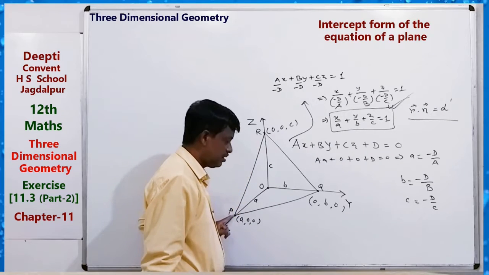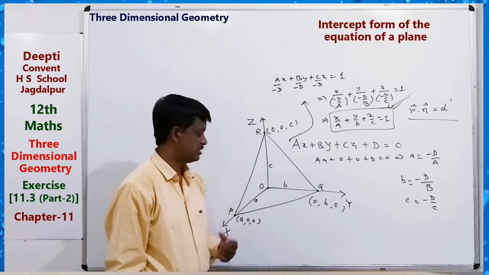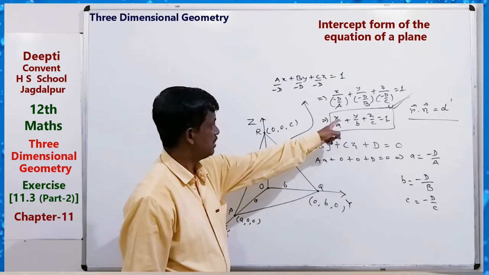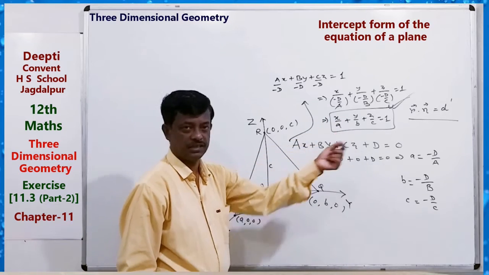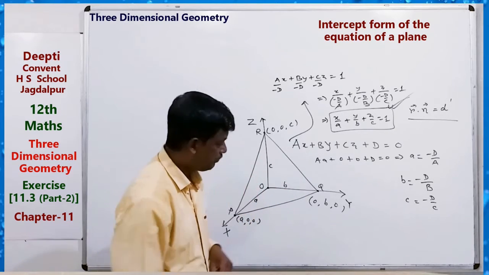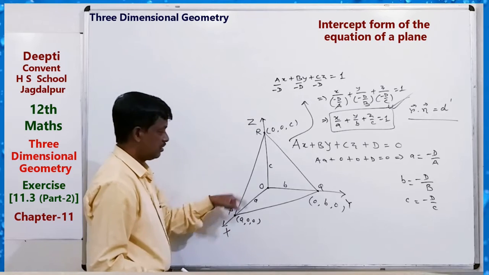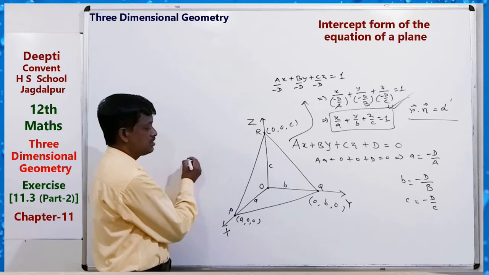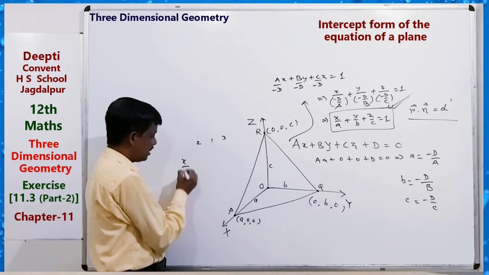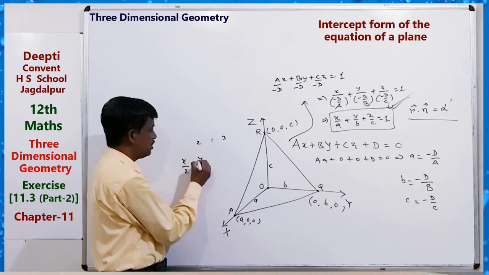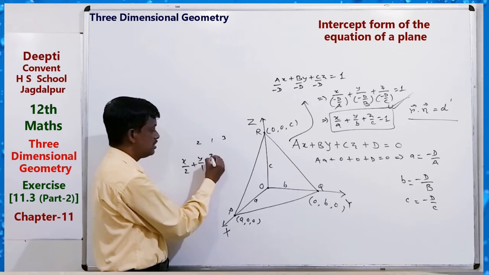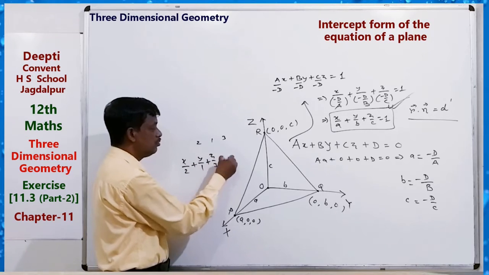This is the equation of a plane cutting intercepts a, b, c on the x-axis, y-axis and z-axis, meaning x by a, y by b, z by c, where a, b, c are the intercepts. If any plane cuts intercepts 2, 1, 3 on the x-axis, y-axis, z-axis, then we can write the equation like x by 2 plus y by 1 plus z by 3 equals 1.